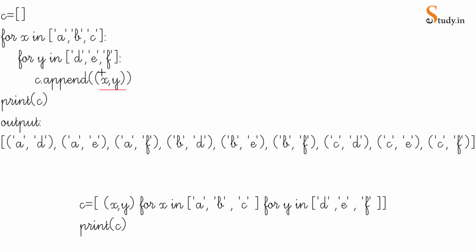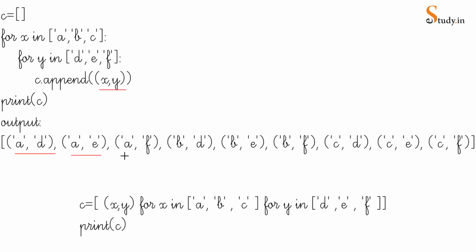Okay, now how this works is, first for x in a, b, c, it will take the first value from the list. So the value of x is a. After that, for this particular value of x, it will complete the entire inner for loop. So it will do c.append, the value of x is a, comma d, so we get this. Then it will do a comma e, so we get this.